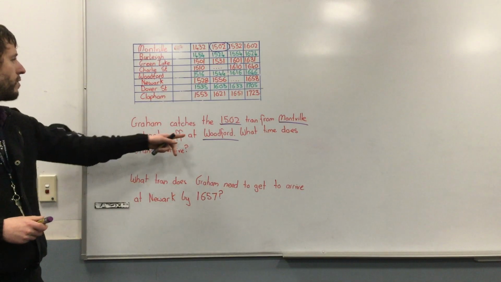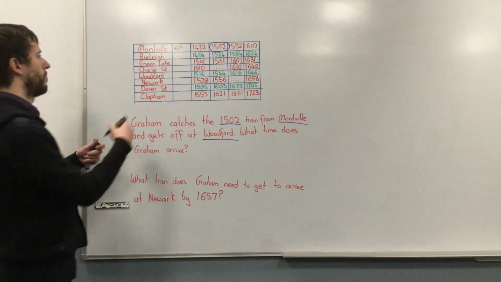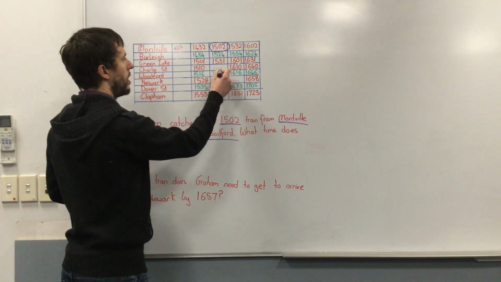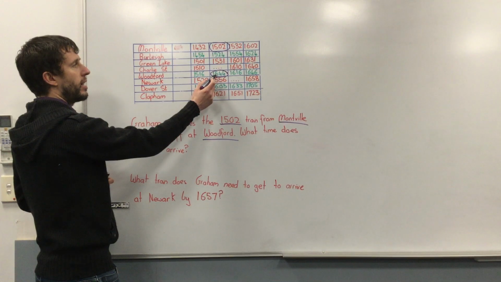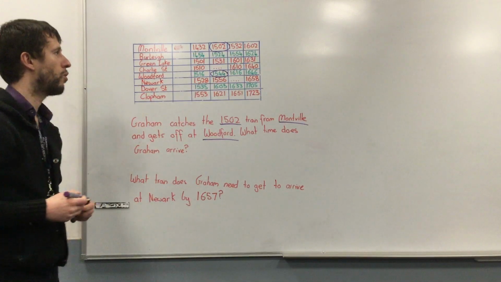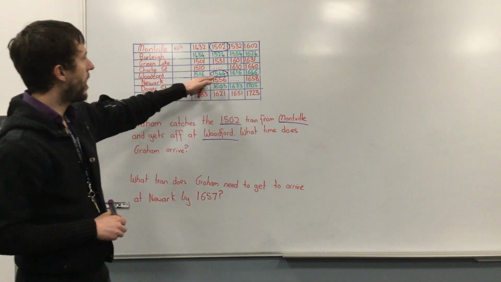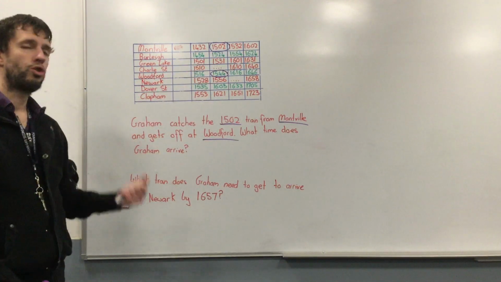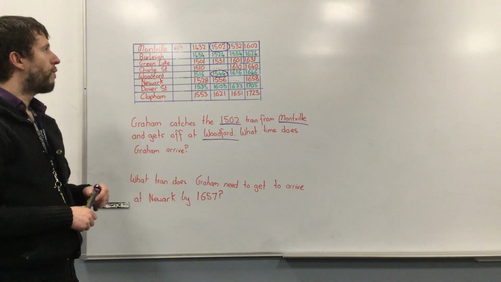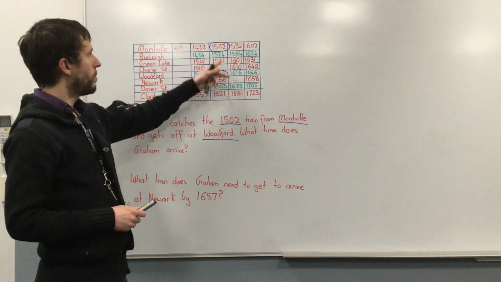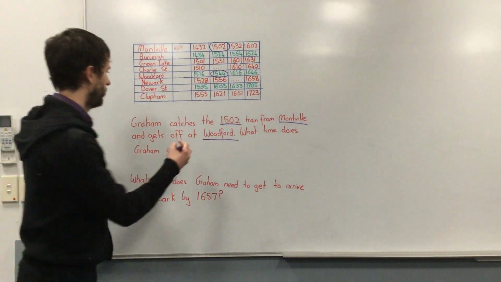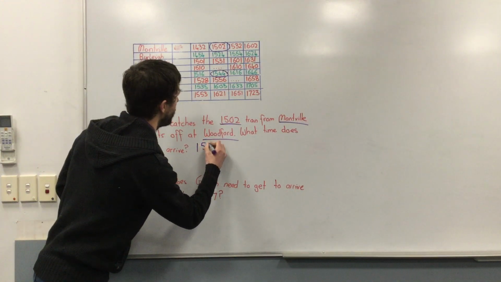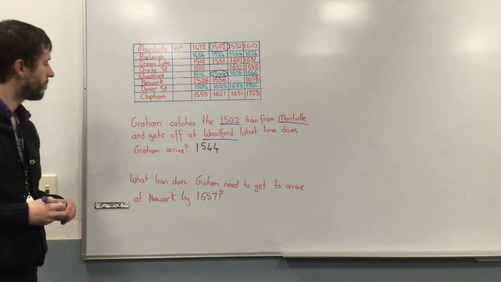So I have to go down to Woodford and then go across, and looking at the same train, it tells me that it gets there at 15:44. So I can also tell that the train took 42 minutes, because I went 44 minus 2 equals 42 minutes. So it arrives at 15:44.